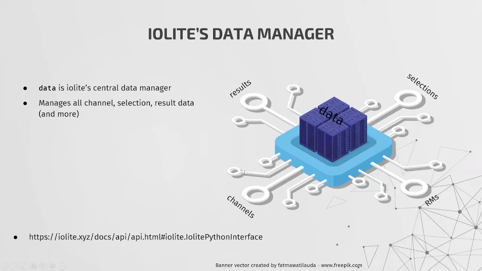It's actually called the Iolite Python interface more completely. So when you go to the documentation, and there's a link down here for that, that will explain all the things that it can do. But if you think of it as the data manager or the data controller, that's a good conceptual way of thinking about it because it controls all those parts. And we'll be looking now at how we use that to create an importer.